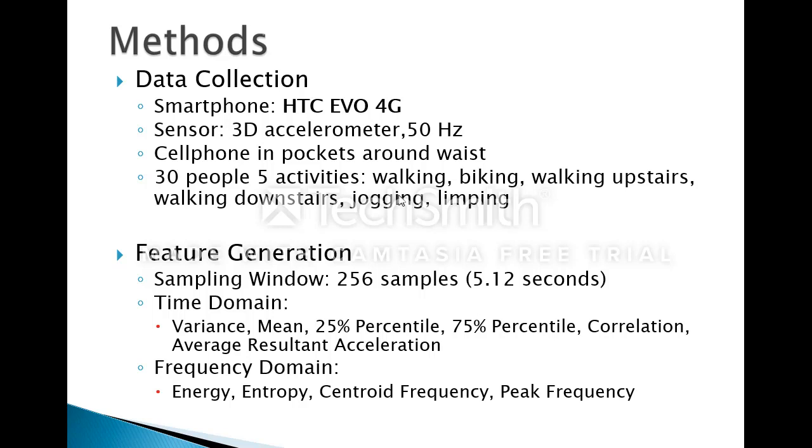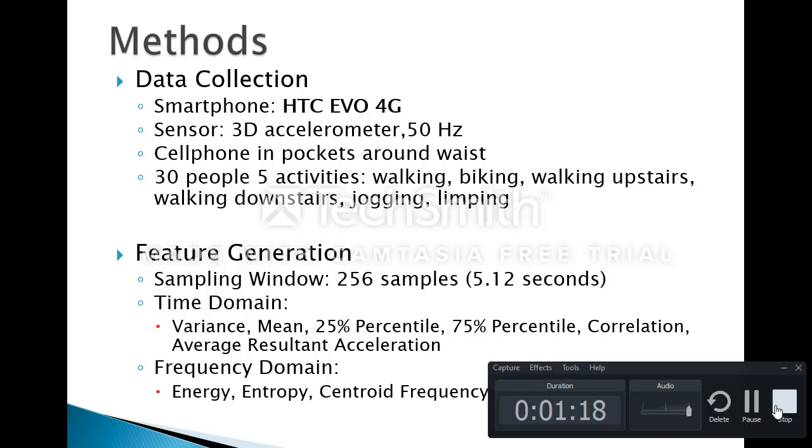So in future work, a sampling window can be proposed, that's 256 samples. There can be a mean, 25th percentile with 75th percentile, correlation, and average resultant acceleration. The frequency features can depend on energy, center frequency, peak frequency, or entropy. And they can change the results based on the activities.